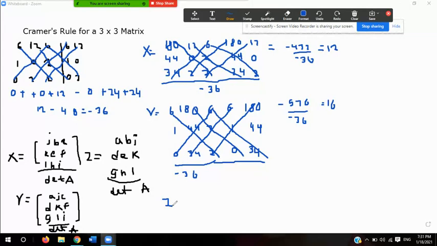I made a mistake here, guys. Pardon me for the error. When I did the multiplication wrong. So technically, when I multiply all these together and I subtract, I actually get negative 36. So actually this, ladies and gentlemen, is negative 36, which equals 1. And I apologize for the error.